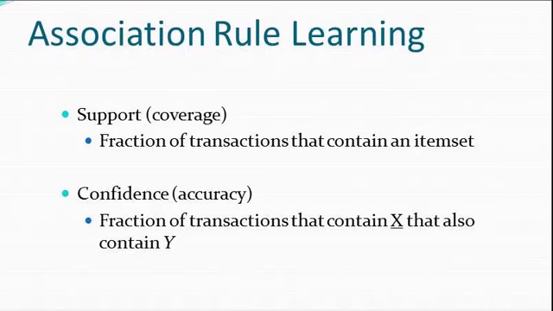The second concept I need to explain is confidence. Confidence means if you see this set X, that's the precondition set, how many times do you simultaneously see Y? Because if I buy the bread and the diaper, I don't have to buy beer.